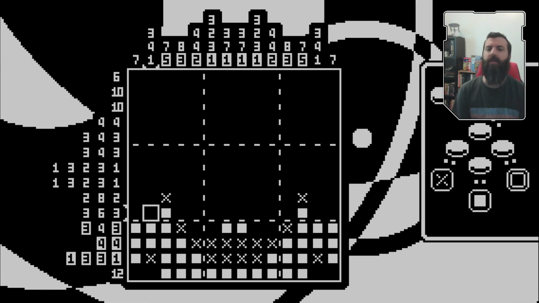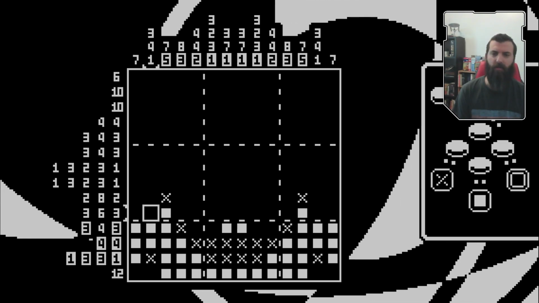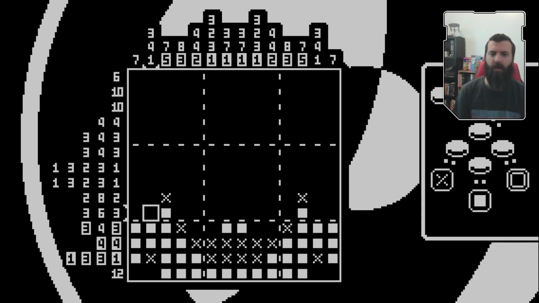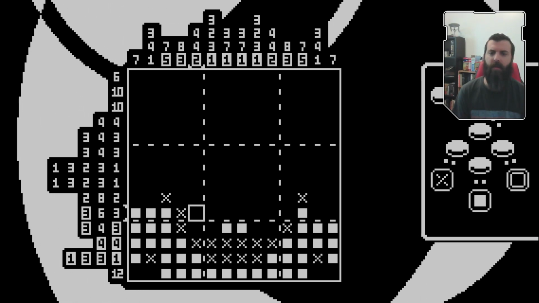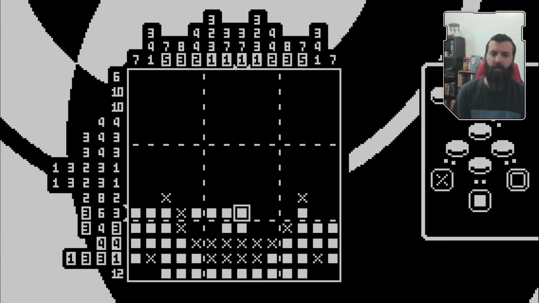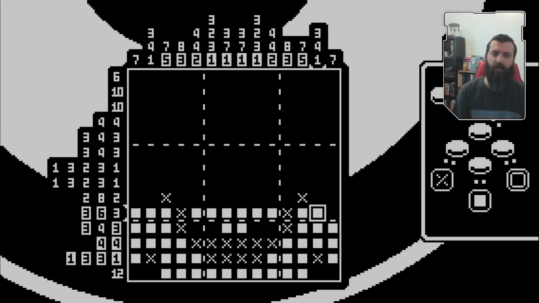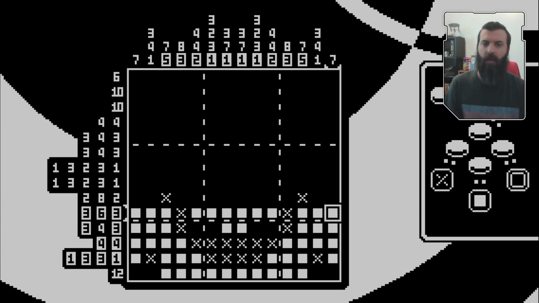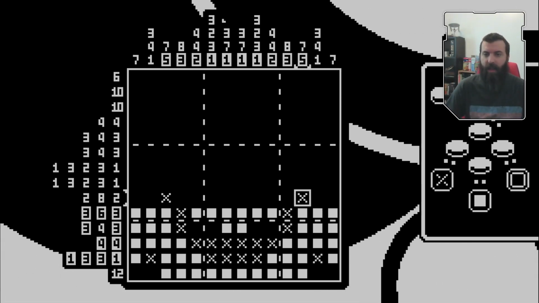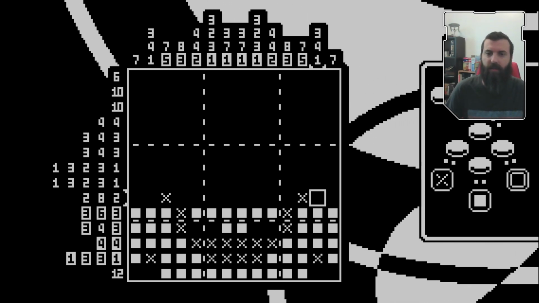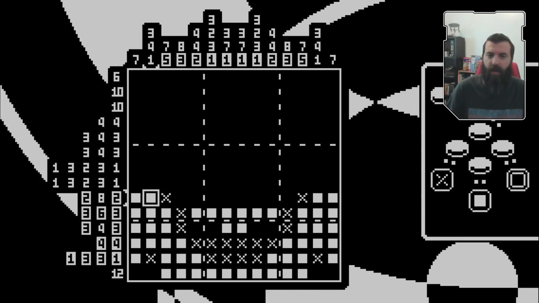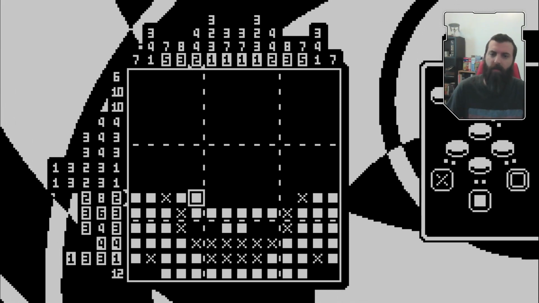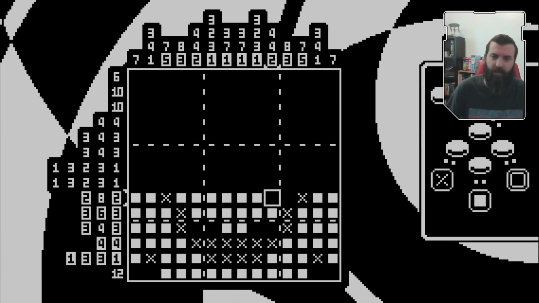Horizontal one way. 6, 3, yeah. With these X's here, we can easily infer these have to go here and 4, 5, 6, 8.